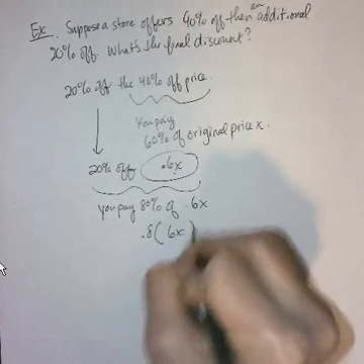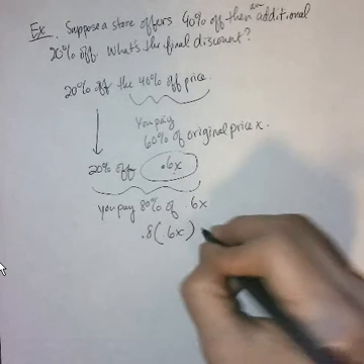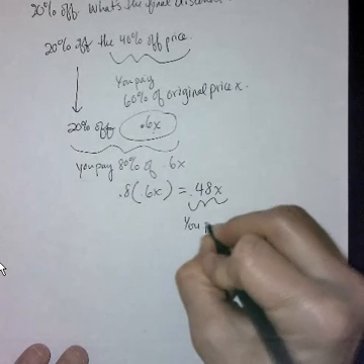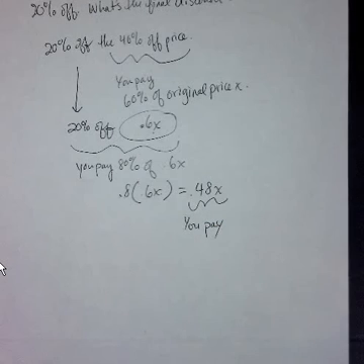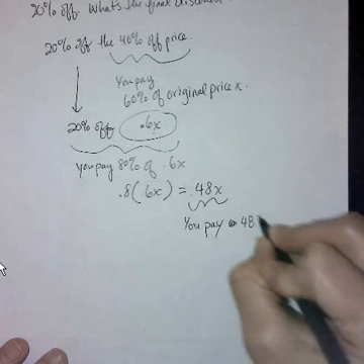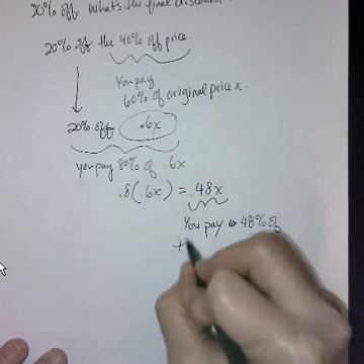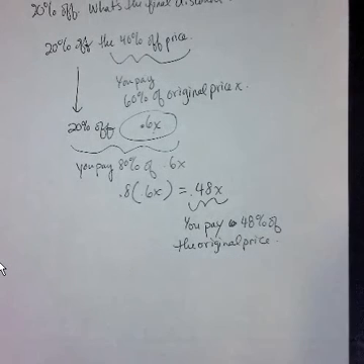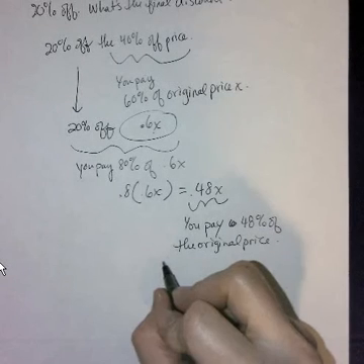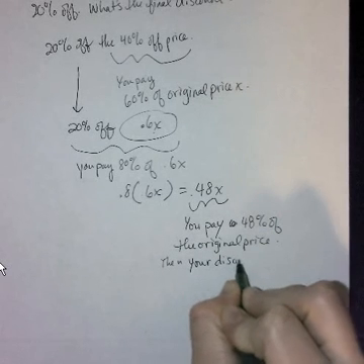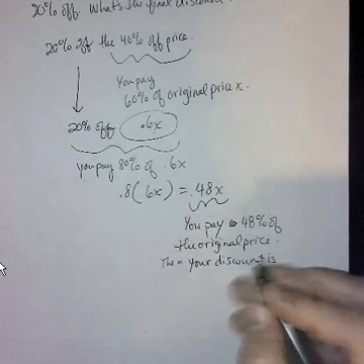Well, 0.8 times 0.6 is 0.48X. So interpret that. What does that mean? The final amount you pay is 48% of the original price. Well, if you're paying 48%, then your discount is 52%.